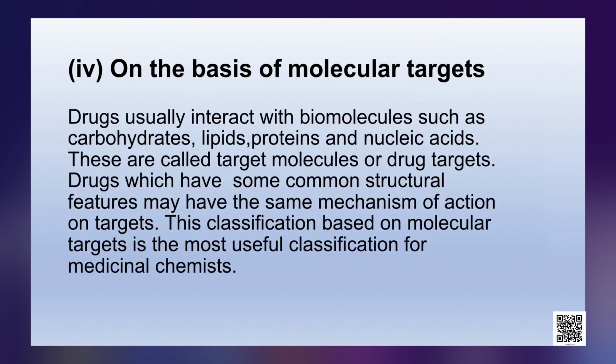Drugs usually interact with biomolecules such as carbohydrates, lipids, proteins and nucleic acids. These are called target molecules or drug targets. Drugs which have some common structural features may have the same mechanism of action on targets. This classification based on molecular targets is the most useful classification for medicinal chemists.